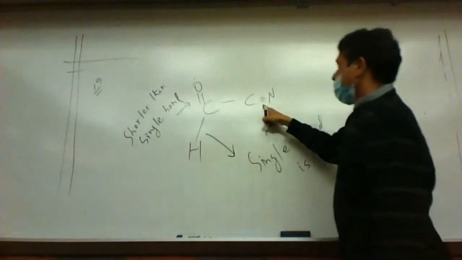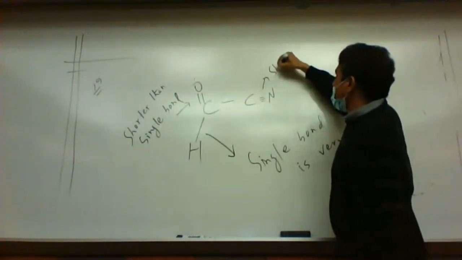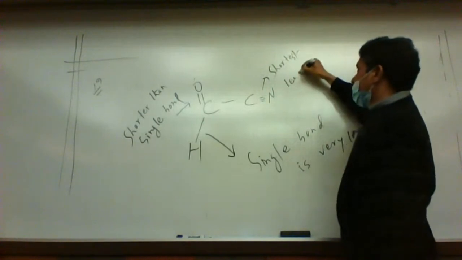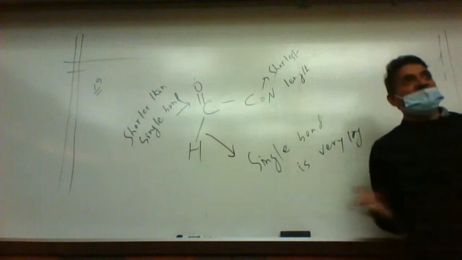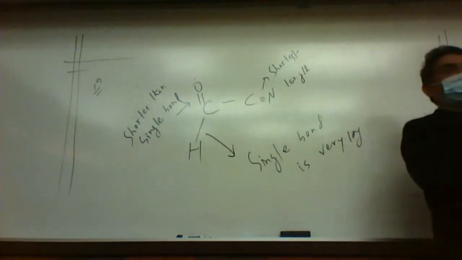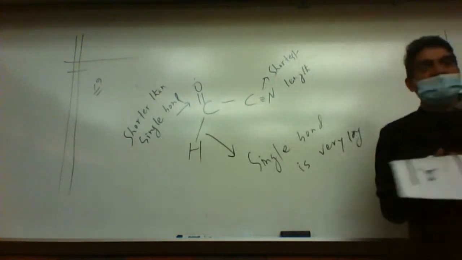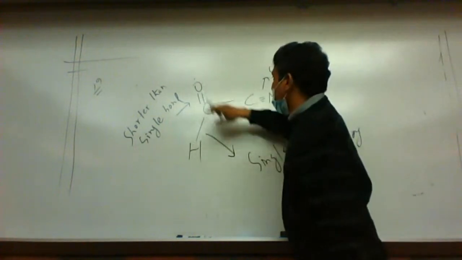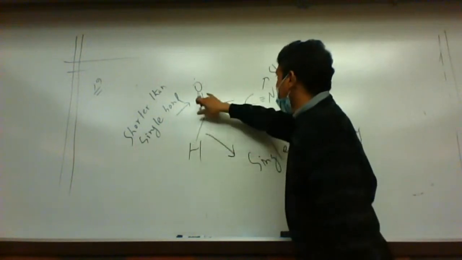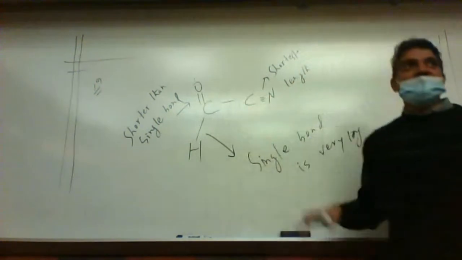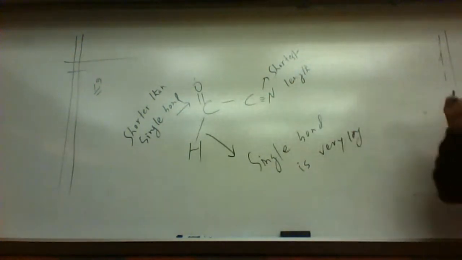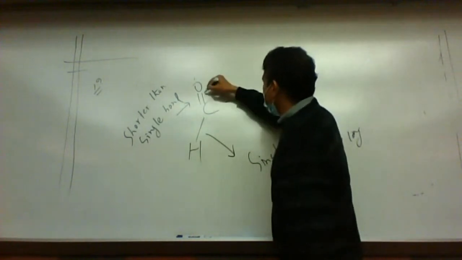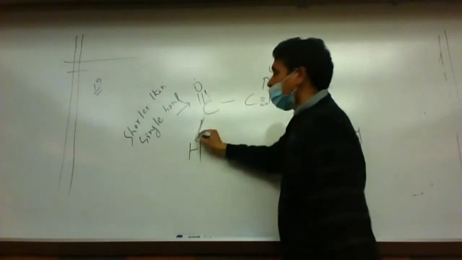And the triple bond is the shortest length. Make sense? If there is a triple bond, this bond is very short. If there is a single bond, it's very long. And a double bond is shorter than a single bond, longer than a triple bond. I just drew it to scale. So this is very short, this is a little bit longer than that one, and this is very long.